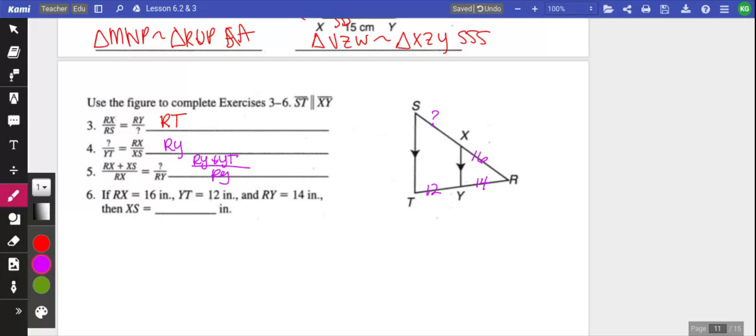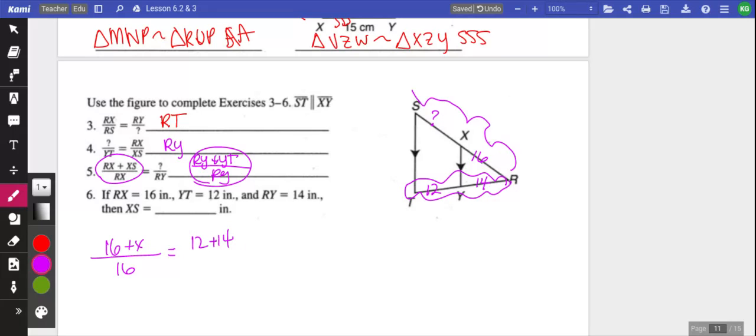So what we're going to figure out here is the similar sides, and we can use this formula we used here. So we have to do RX plus XS, which would be 16 plus x, over RX, which is 16, and set that equal to these two added over 14.